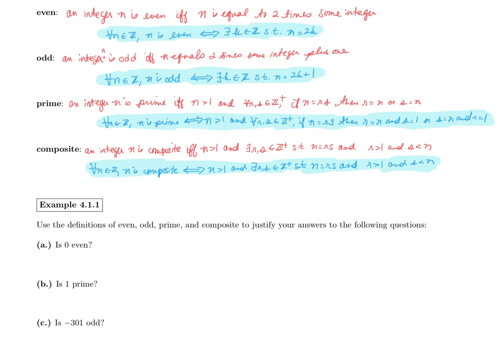And the answer is yes, absolutely, because 0 can equal 2 times 0, where 0 itself is in Z, and 0 times 2 is in Z. So here, we're just saying where 0 is an integer. Our reasoning would be by the definition of even.